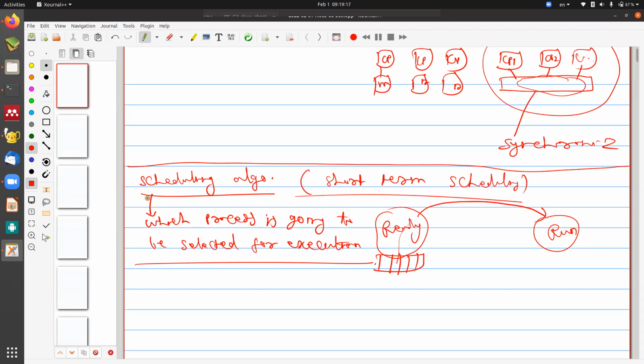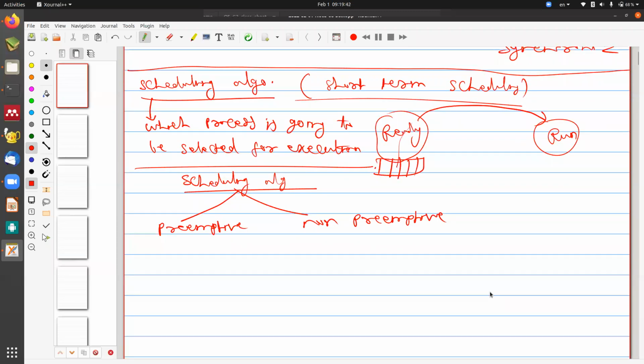And this scheduling algorithm is basically of two types. One is called preemptive, and another one is called non-preemptive. And what is preemptive, non-preemptive? We'll go for this. So first we'll go for the non-preemptive scheduling algorithm.